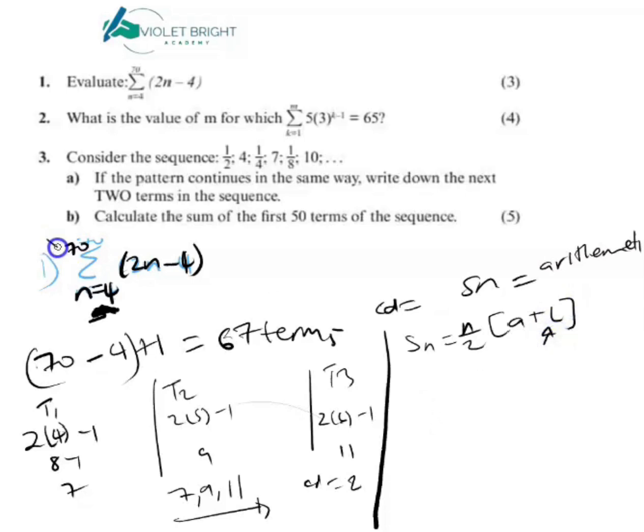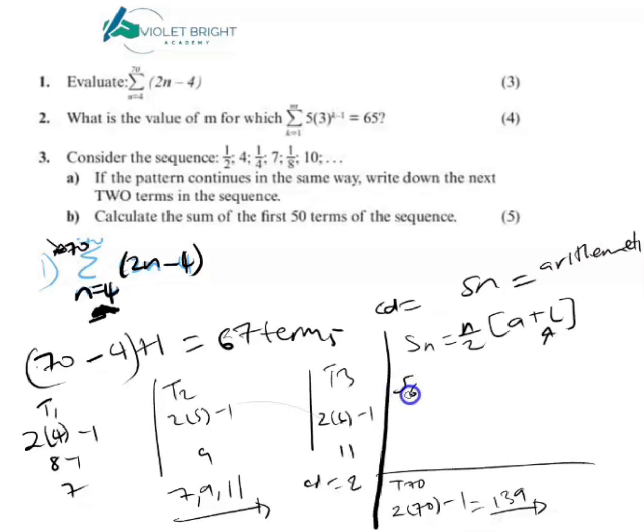Remember that since we know the upper limit is 70, if we find T of 70, where there is n we put 70, we will find the last term in the sequence, which is equal to 139. If we don't have an upper limit, we cannot use this equation.